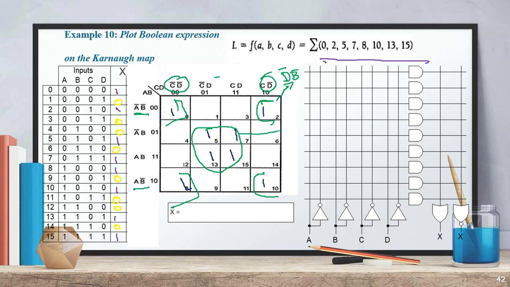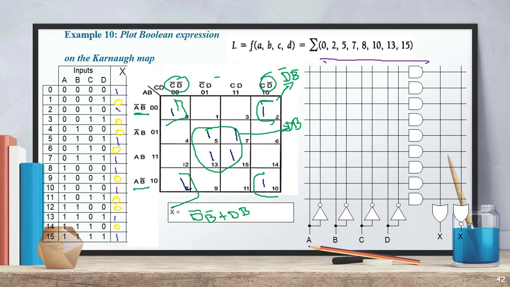Now we can take these 4, here C bar and C get cancelled, so D is my answer. In this, B is common, A bar and A get cancelled, so B is the answer. The final answer is D bar B bar plus DB. So you can do this very easily.